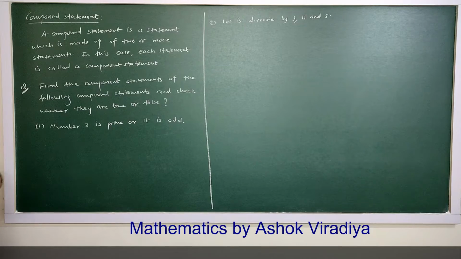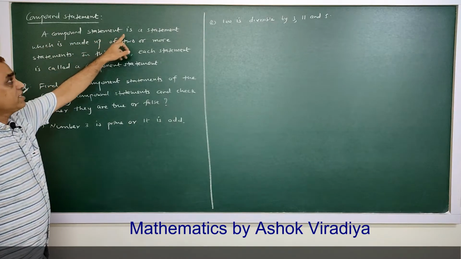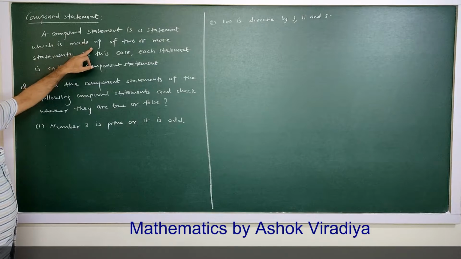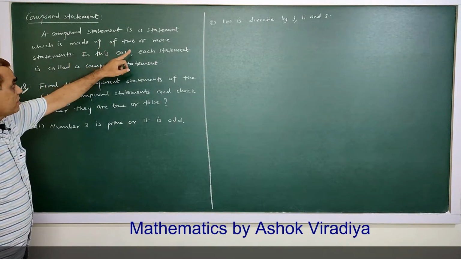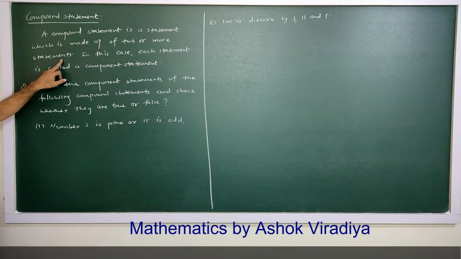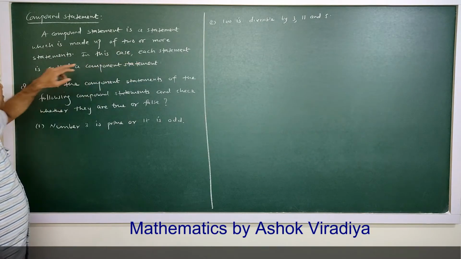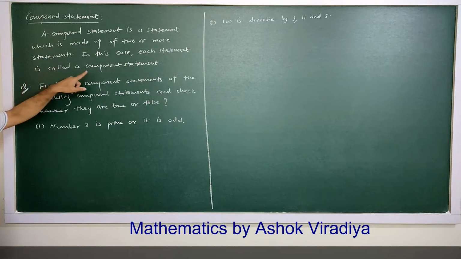Now the next topic, compound statement. A compound statement is a statement which is made up of two or more statements. In this case, each statement is called a component statement.